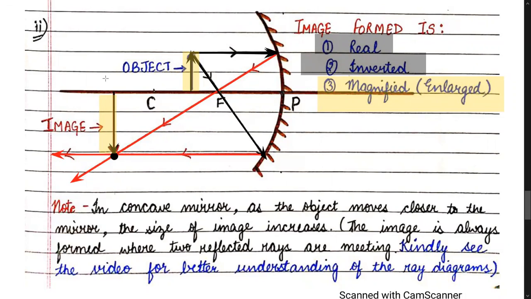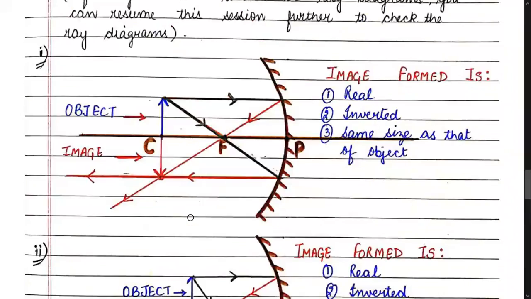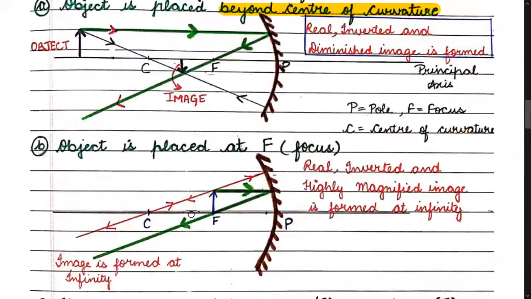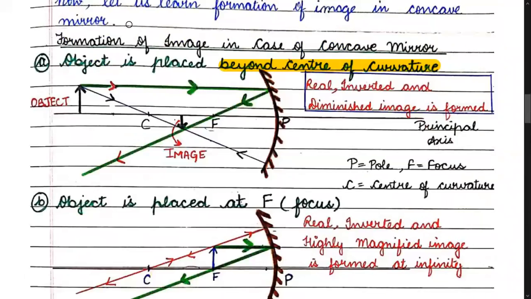In concave mirror, as the object moves closer to the mirror, the size of the image is increasing. The image is always formed where the two reflected rays are meeting.